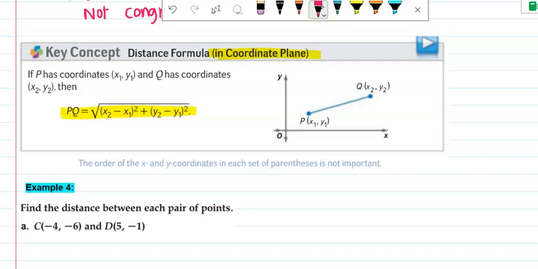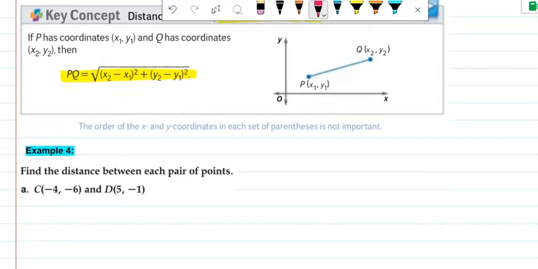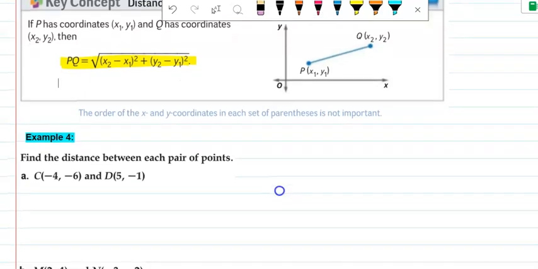You will be given this as you need it because you're going to get it on the state test, okay? And because we're squaring the parentheses, the order that we pick the x's and the y's also does not matter. So in this first example, oh, it's CD.